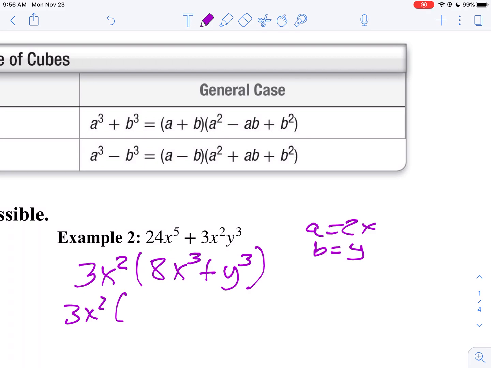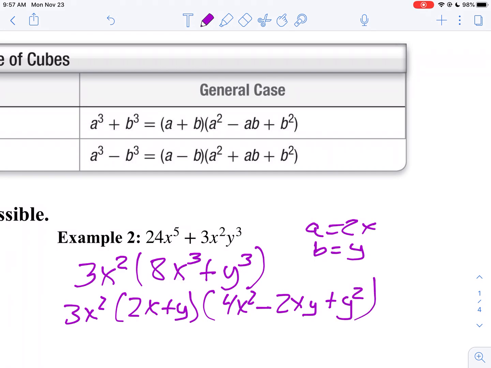The sum is our first rule, so it'll be 2x plus y times a squared, which would be 4x squared, minus, multiply a and b together, that'll be 2xy, plus b squared, which would be y squared. And there we have it. That's what factors.